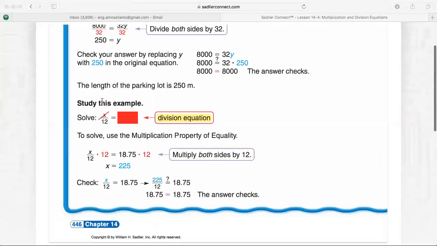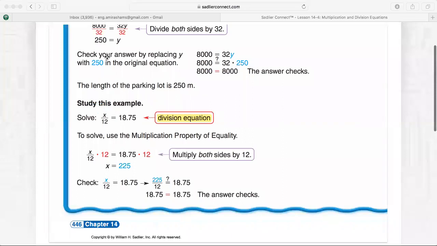What is the value of x? 225. When I divide 225 by 12, I should get this answer, which is 18.75. Please, girls, please check your answers. Checking your answer is so important.